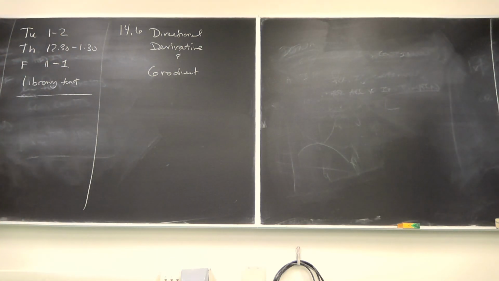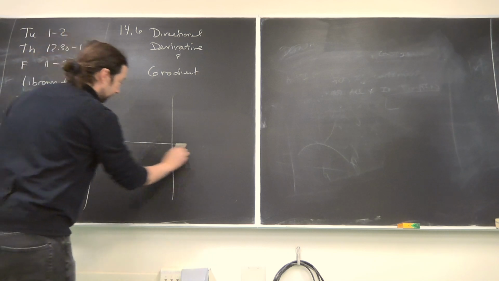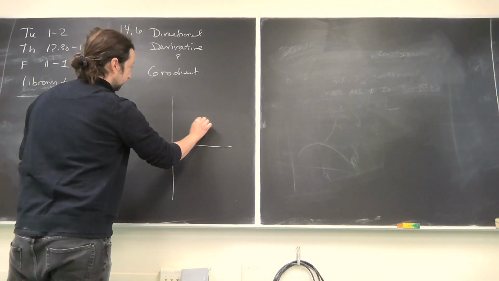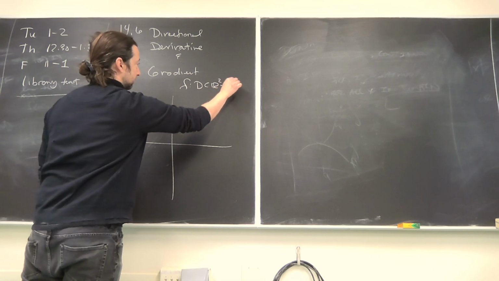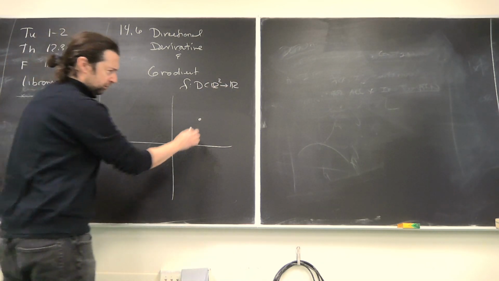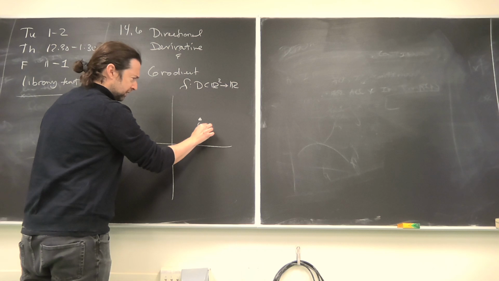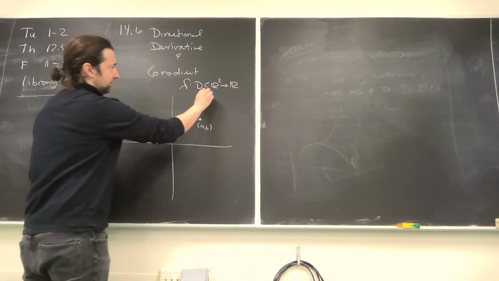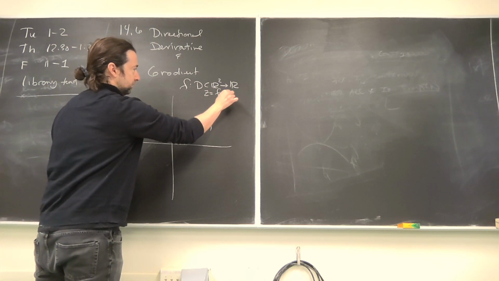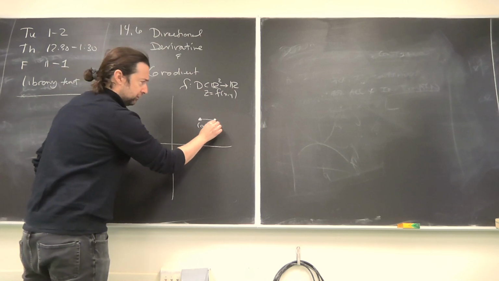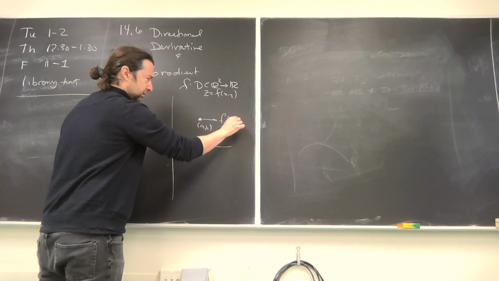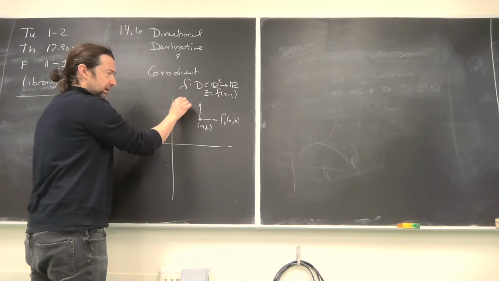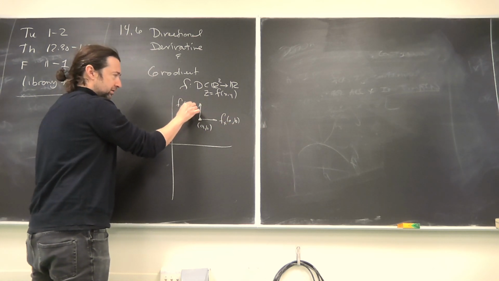I mentioned last time the motivation for the directional derivative: say you've got a function f taking a domain in 2 variables into 1, at some point (a, b), so z is equal to f of x and y. We had a derivative that pointed in this direction, which was fx at (a, b), and a derivative that pointed this way, which is fy at (a, b).